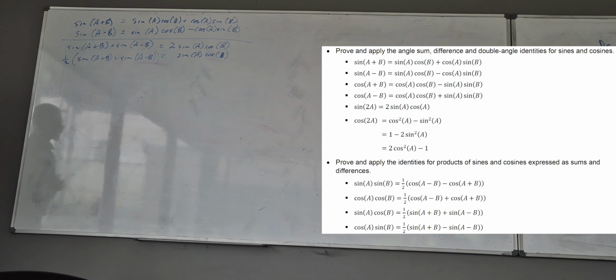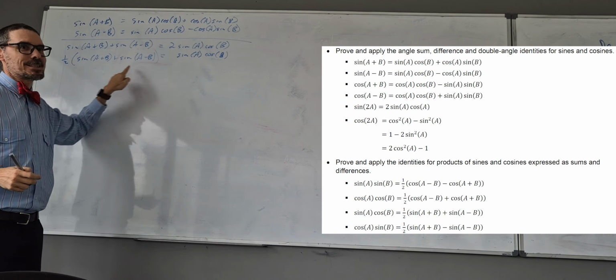And that's the first rule on the sheet. No, it's not. It's the third rule on the sheet. Likewise, you can pick different pairs of those first four identities, add or subtract them, and you'll get the rest of the identities on there.